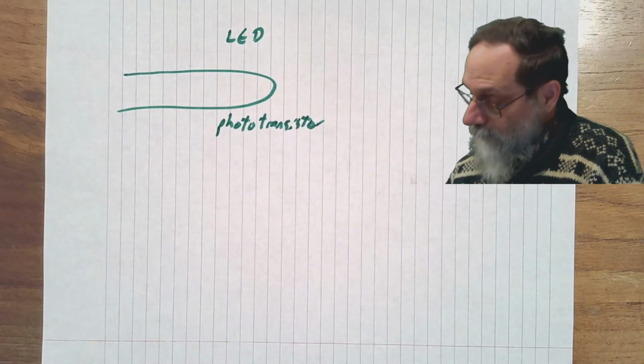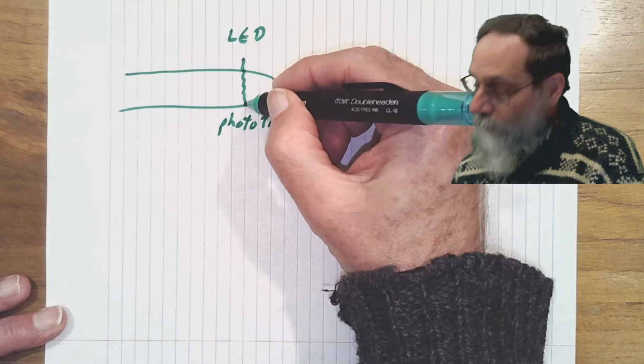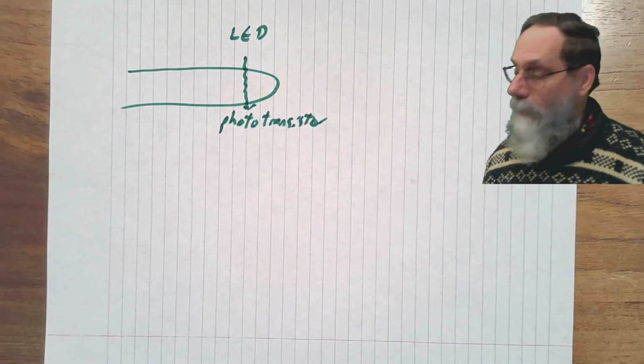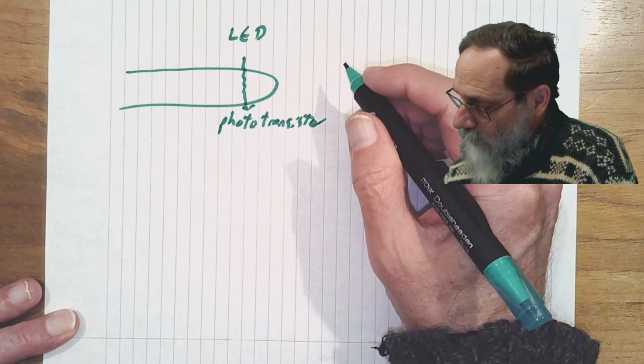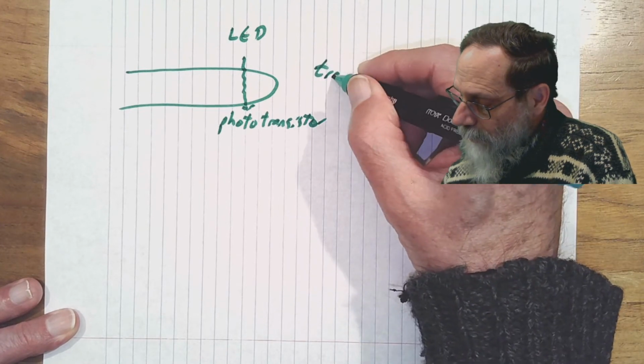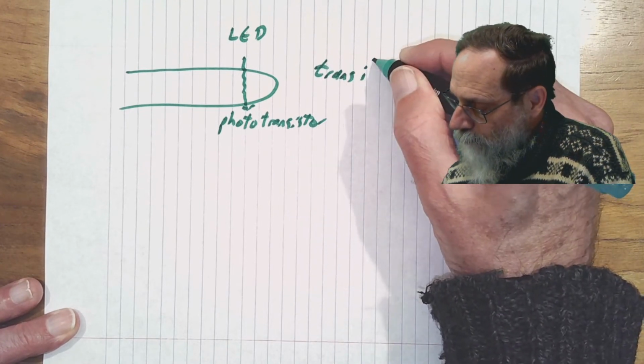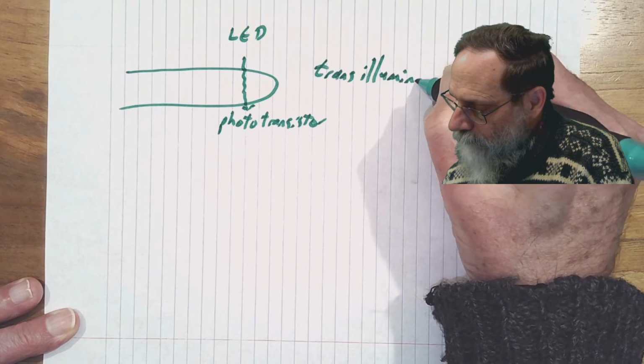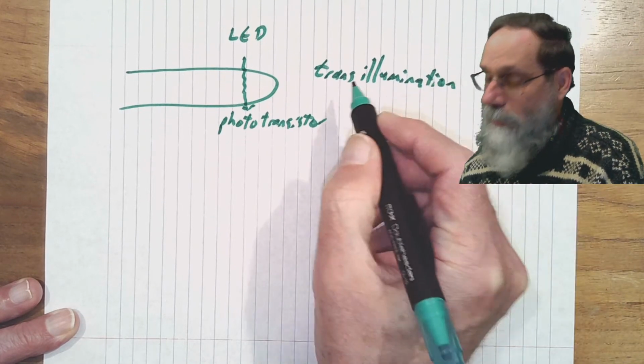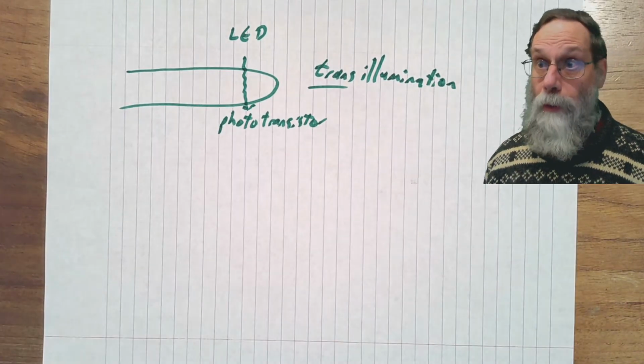And we shine light through the finger. This is known as trans illumination. And the prefix trans here is because it's through.